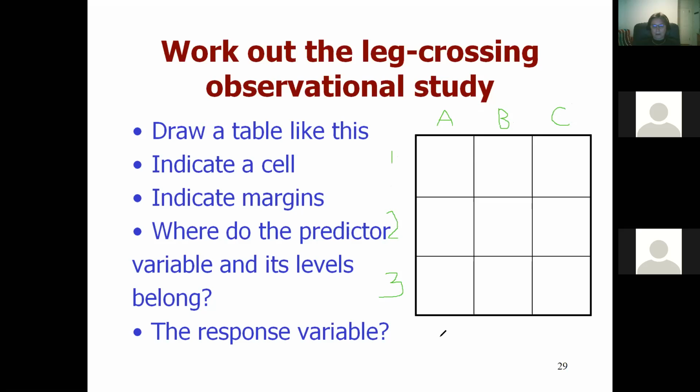Okay, so who can tell us what is a cell? Where is a cell here? A1, yep, very good. Vanessa, give us another cell. B1, yep, good.